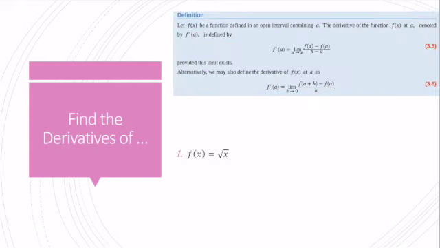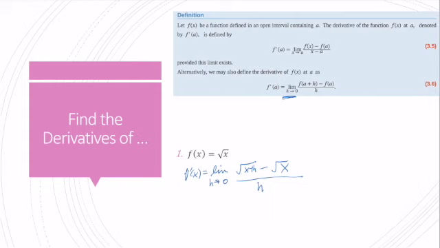I have f of x equals the square root of x. So I'm going to go ahead and find f prime of x, my derivative, which equals the limit, in this case, as h goes to 0, of the square root of x plus h minus the square root of x, over h.